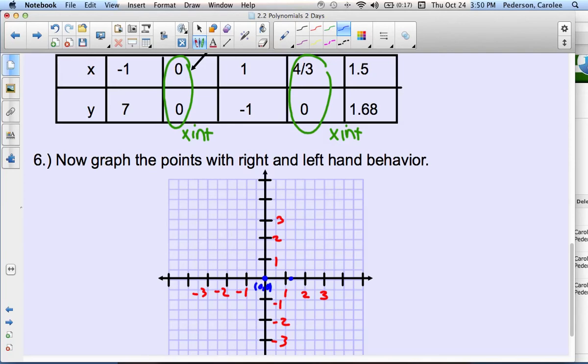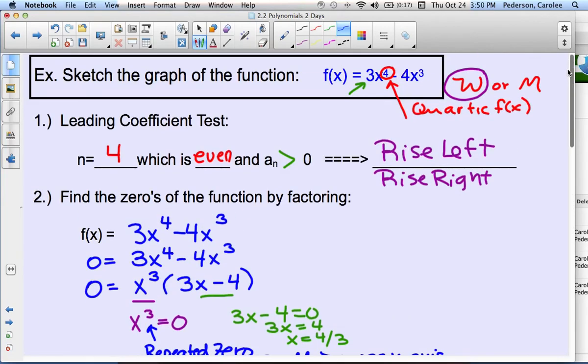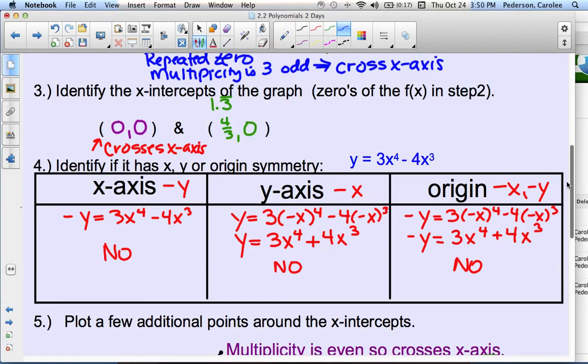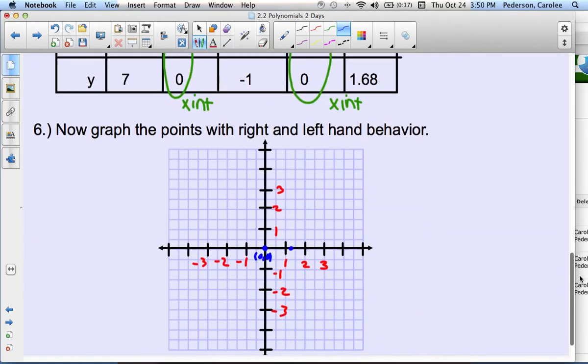Now let's talk about the end behavior. If you remember end behavior from our leading coefficient test, we're going to rise on the left-hand side and rise on the right-hand side. So we look at those x-intercepts. We're going to rise on this side, and we're going to rise on this side. So we go to those x-intercepts, and we're going to graph up and up.